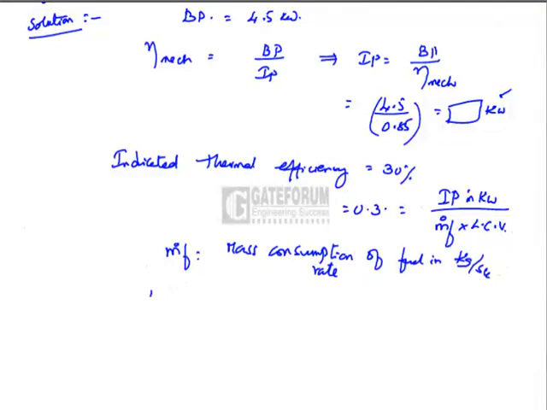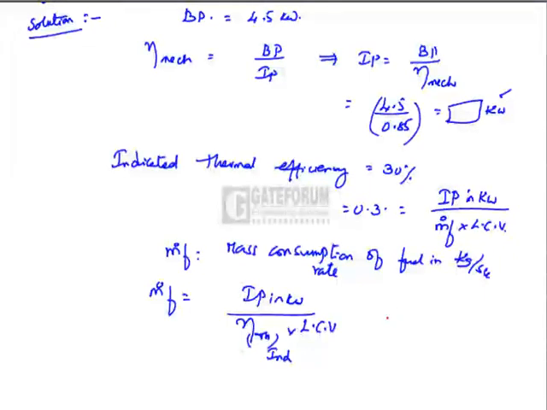Therefore m dot f is equal to IP in kilowatts divided by indicated thermal efficiency into lower calorific value of the fuel.